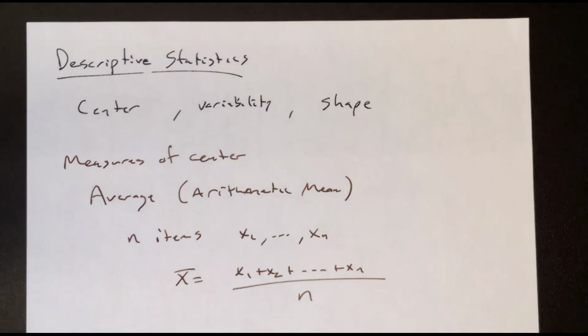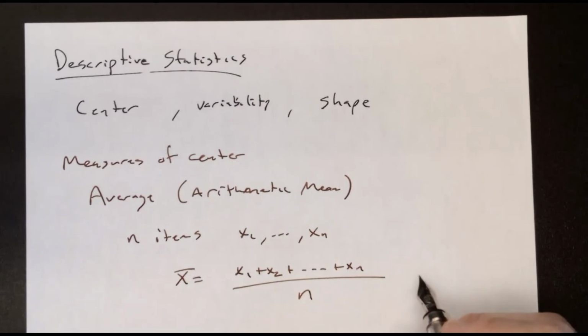Now, if I'm dealing with a sample, this is the symbol for average: the x with the bar over it, because that's a statistic. It comes from a sample. I'm going to use regular letters, Roman letters.